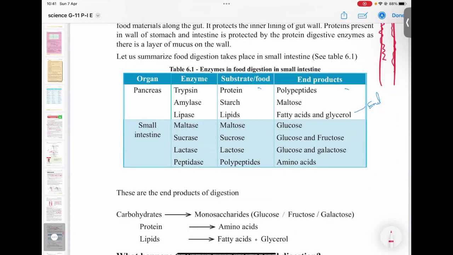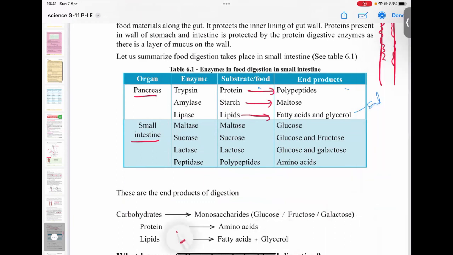Now we have so many enzymes in the small intestine, which are secreted by the pancreas and small intestine. I told you what the substrates are. Substrate means the food. From proteins you will get polypeptides, from starch maltose, and from lipids you will have fatty acids and glycerol.